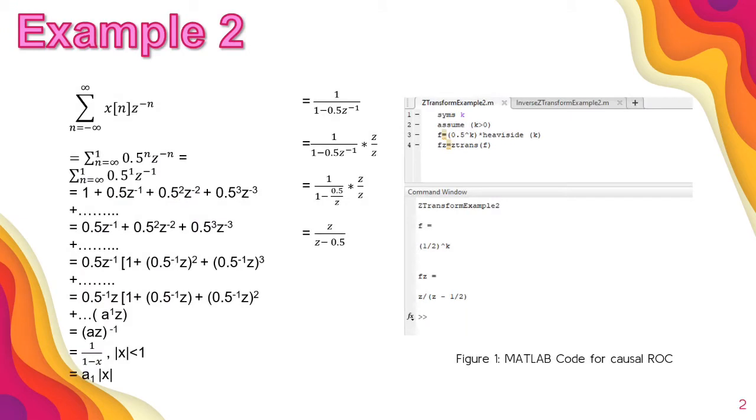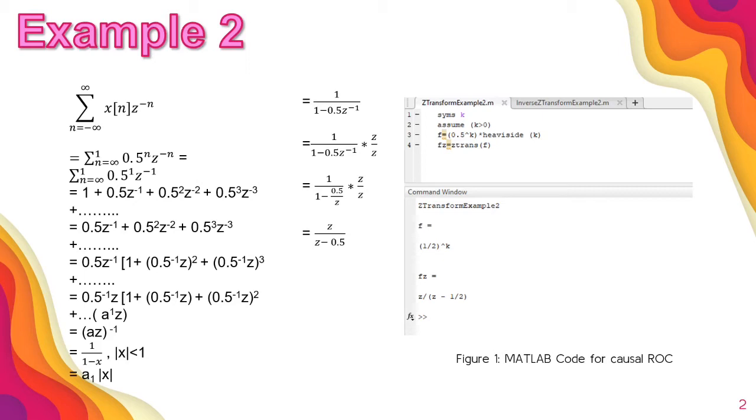Or we can perform the sum using the equation: summation from n equals negative infinity to infinity of x(n) z to the power of negative n. So we can substitute x(n) with 0.5 to the power of n. In this example, we calculate the summation from n equals 0 to infinity.